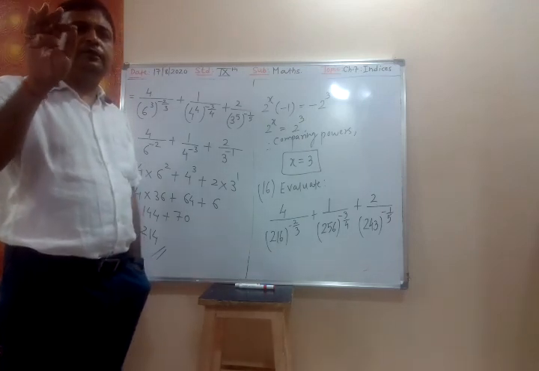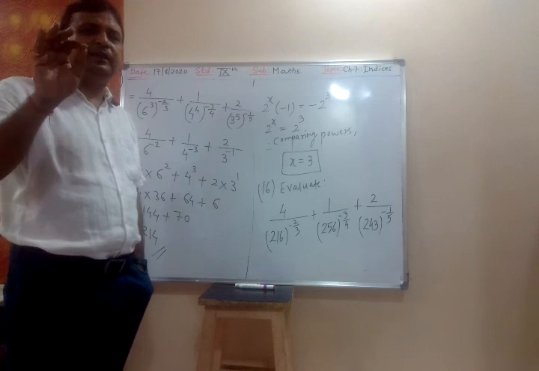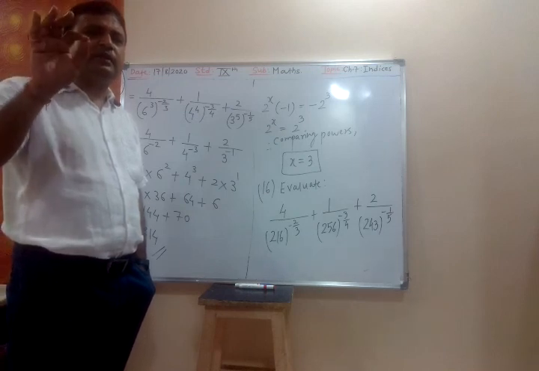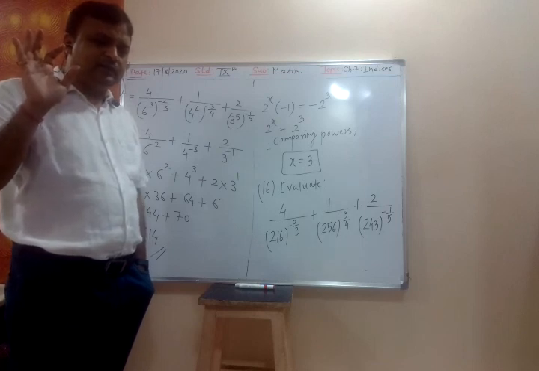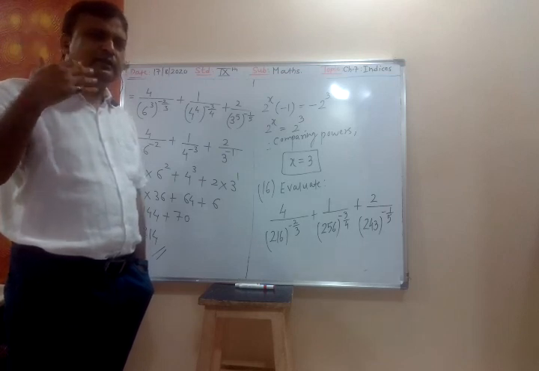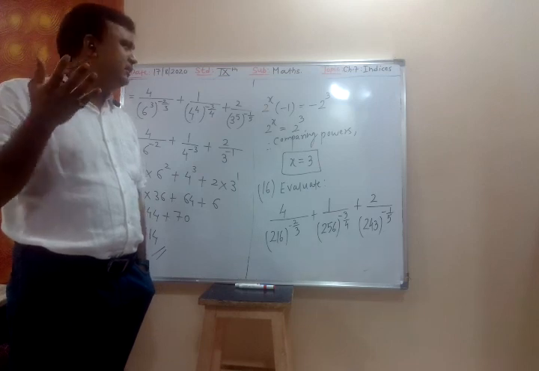So have full faith in me. When we start compound interest, you will find it extremely easy. So do not worry about that. It is our responsibility to teach you in a good way.